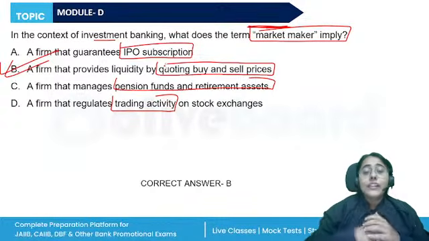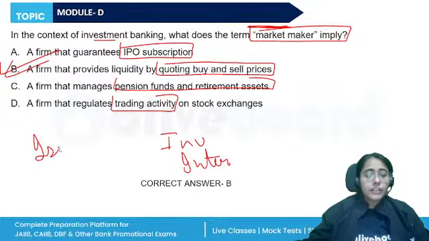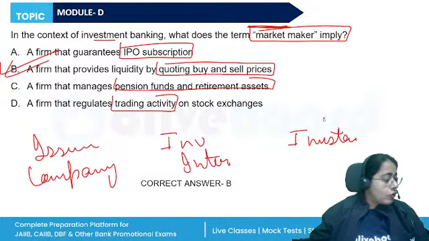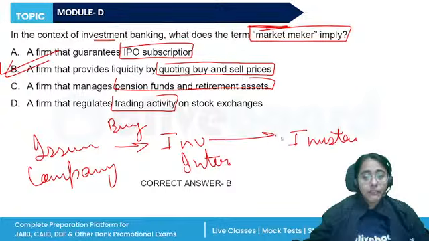It provides liquidity. The investment bankers act as intermediaries between the issuer company and the investors. The issuer company who wants to raise capital will approach the investment bank. This is known as the buy side. And then the investment bank will approach the investors on the sell side.